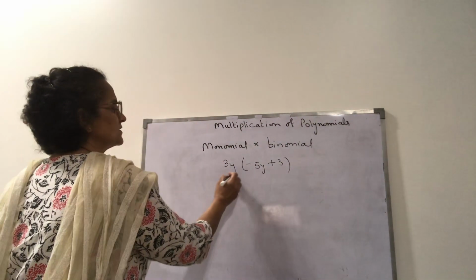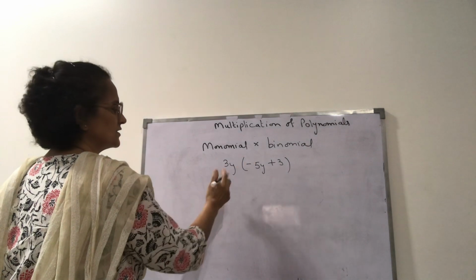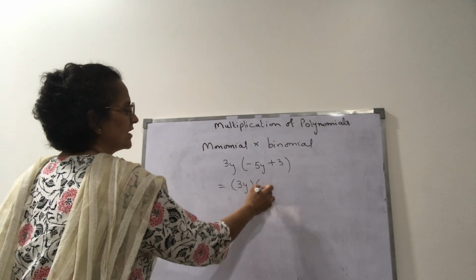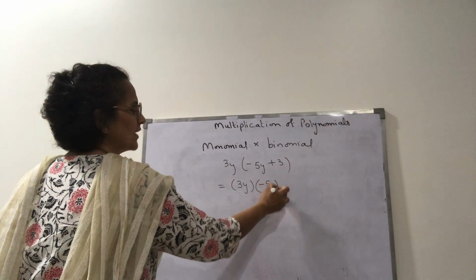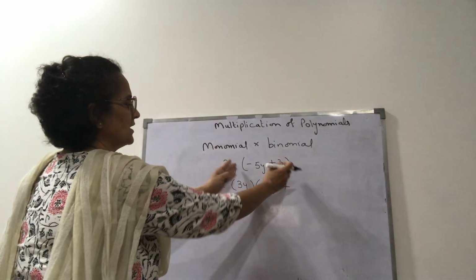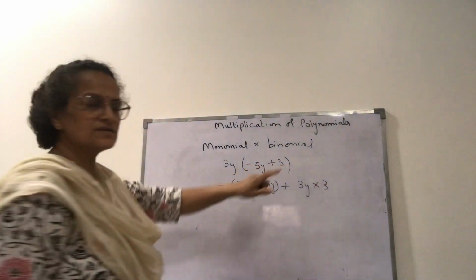So this 3y gets multiplied with the first term, so 3y gets multiplied with minus 5y. Now this 3y, because there is a bracket, also gets multiplied with this 3.